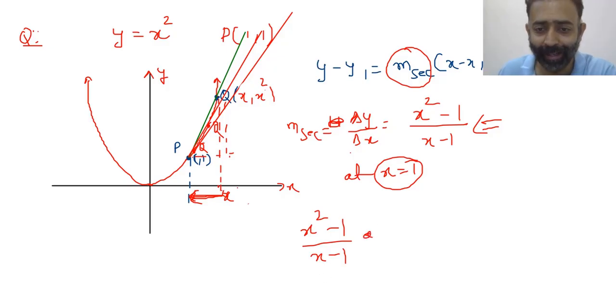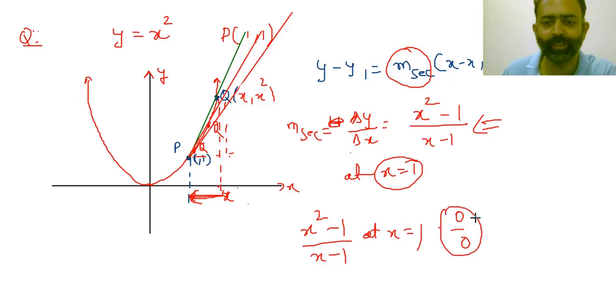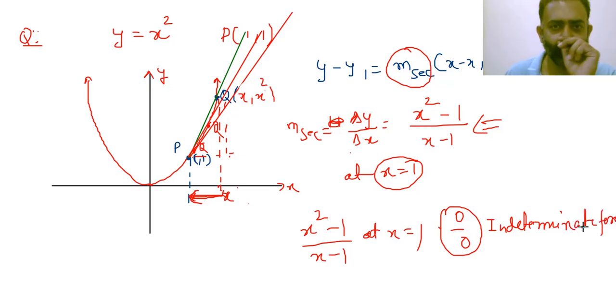Why am I saying limiting value? Because at x equal to 1, this function is not defined, or it is indeterminate, because the numerator becomes 0. The moment I put x equal to 1, this becomes 0 by 0. X square is 1, so 1 minus 1 is 0, and 1 minus 1 is 0. So 0 upon 0, we say it is indeterminate. Indeterminate form means its value can be anything. It is not defined.